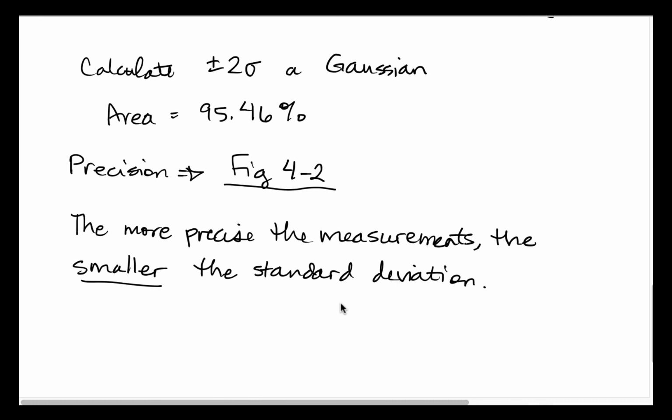So this is really awesome because this allows us to actually quantitatively measure precision. We can use standard deviation to tell us how precise something is. The smaller the standard deviation, the more precise a measurement is.